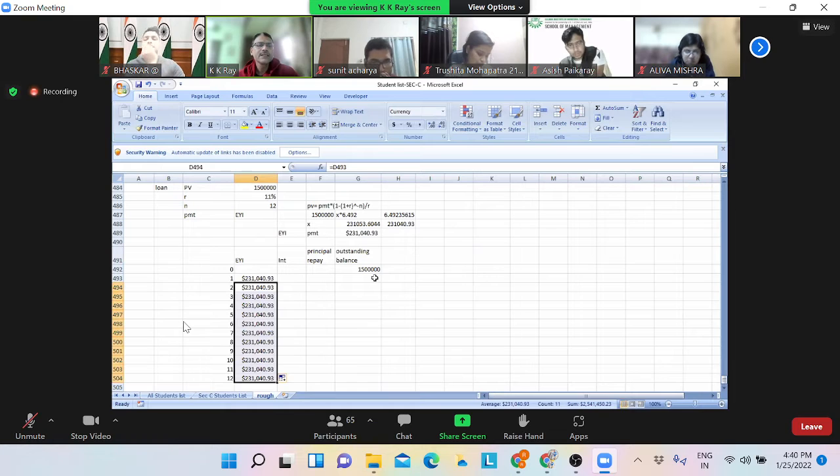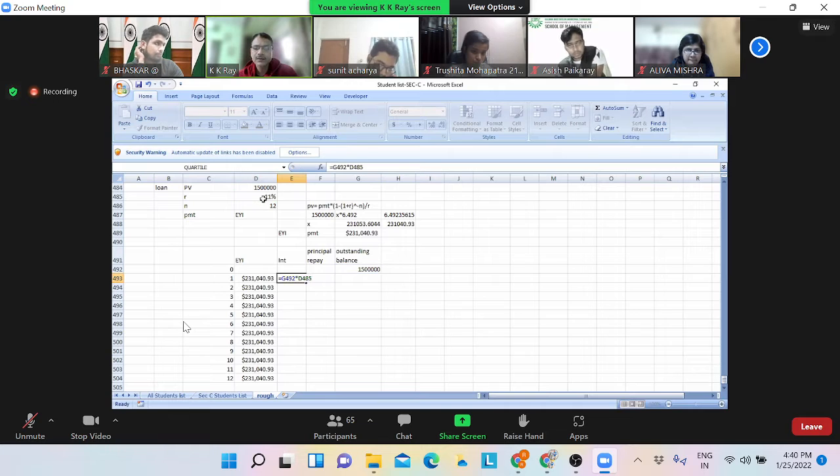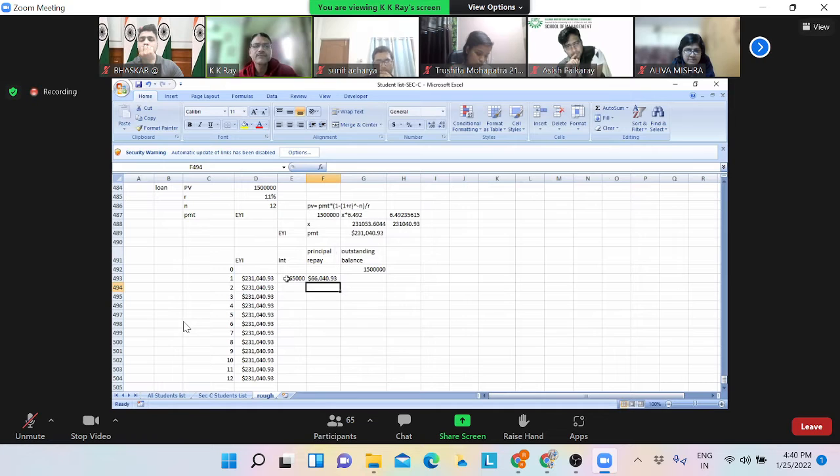In the first year itself, how much is the interest part? Interest will be calculated on the original amount, so the interest amount alone is 1,65,000. Then the principal amount I repaid is the difference, and my principal outstanding will be this. Everybody understood this?